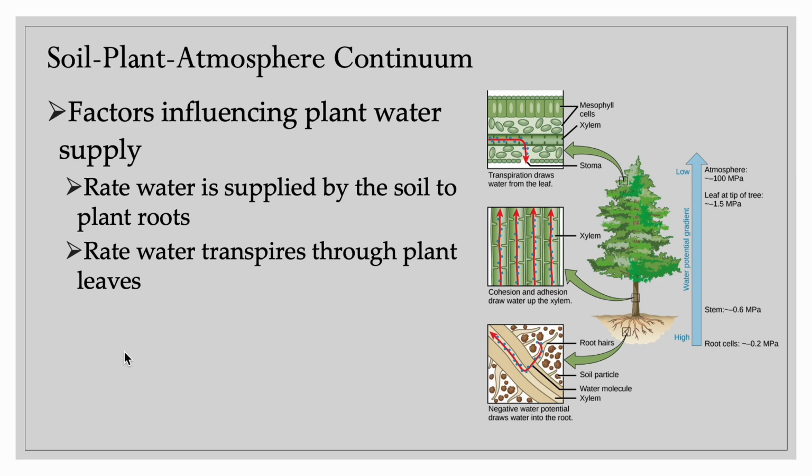Another thing that is going to influence how much water is available to the plant is going to be this relationship with this soil, plant, and atmosphere continuum. And so as part of that water cycle, water is going to fall from the sky, added to the soil, and then water will always seek this water potential gradient, always looking for areas of more negative pressure.